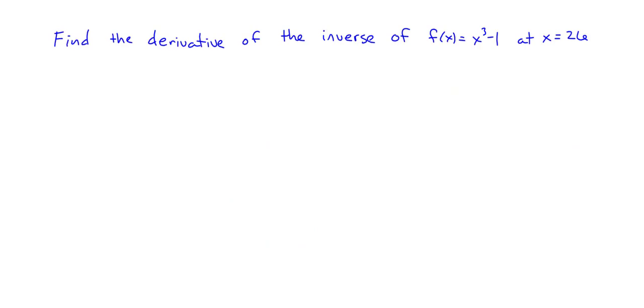Find the derivative of the inverse, f of x equals x cubed minus 1, at x equals 26. Well, let's use this new streamlined formula, this new toy. F inverse derivative at x is 1 over the derivative evaluated at the inverse.